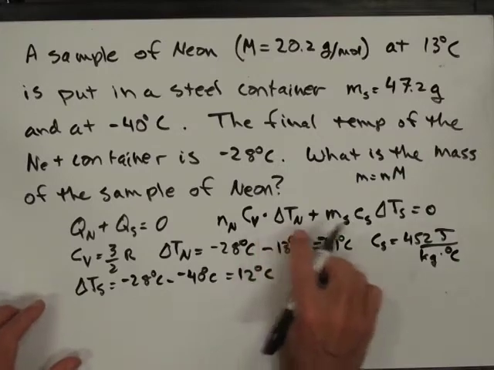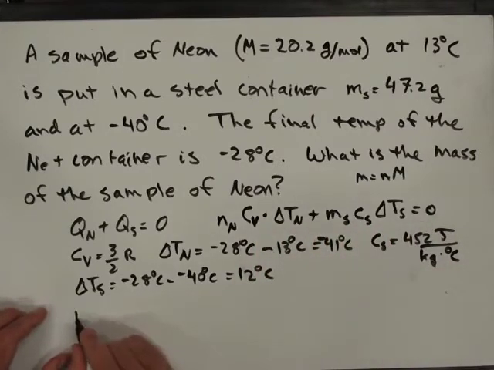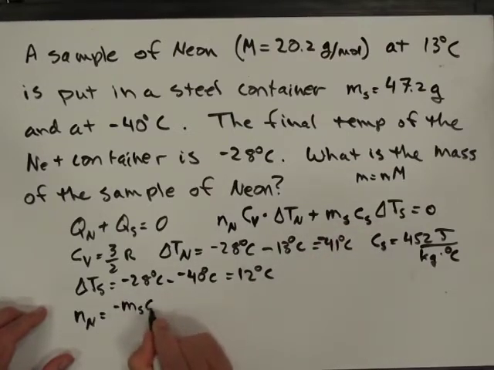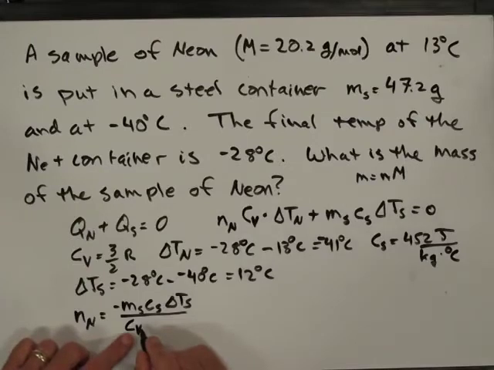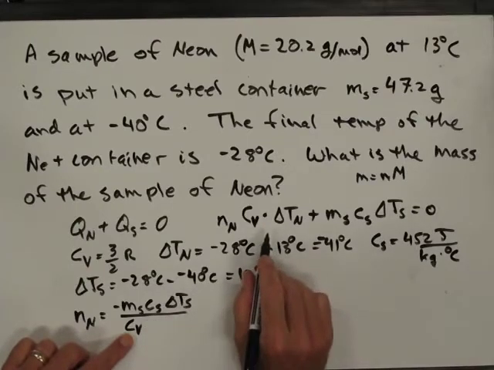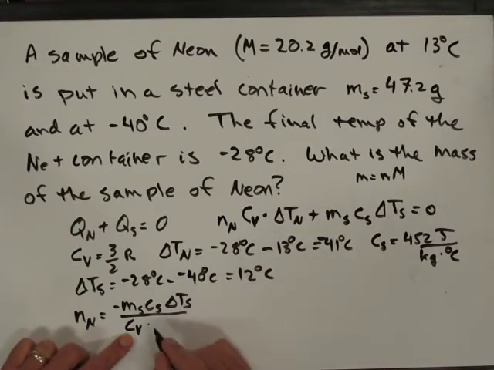Now I can just solve this equation for N. The number of moles of neon is equal to negative M sub S, C sub S, delta T for the steel, over the molar heat capacity at constant volume for an ideal gas, times the temperature change for the neon.